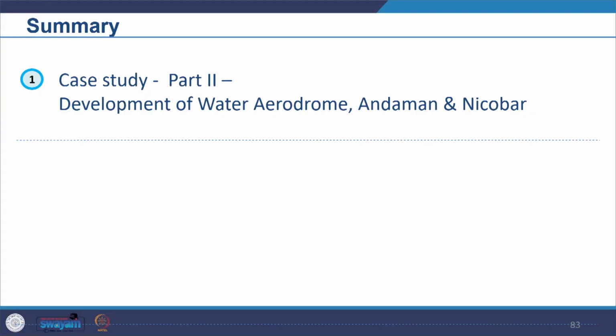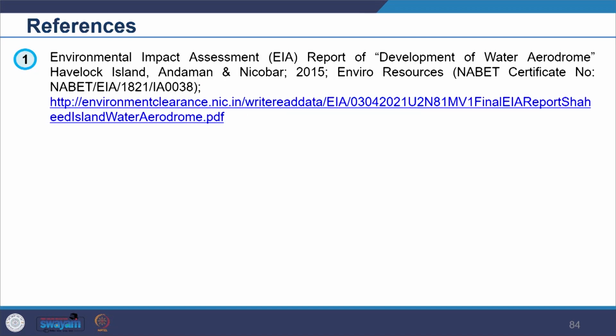So today in particular, we covered part 2 of the EIA case study, and with this we end this particular course session. So the key reference for this particular session was the EIA report of this particular case, and you are already aware of the key textbooks which we have used in this.